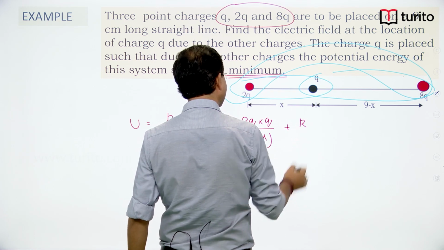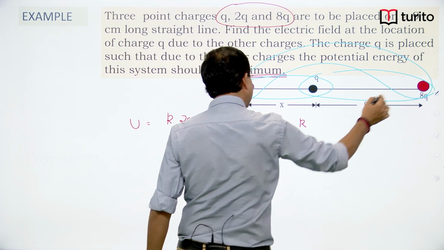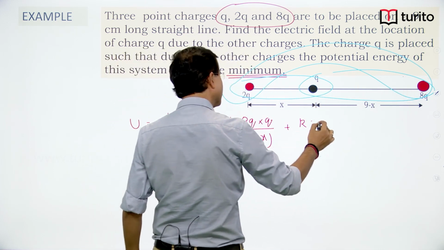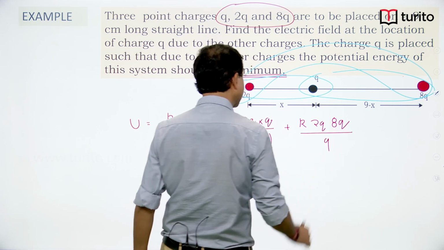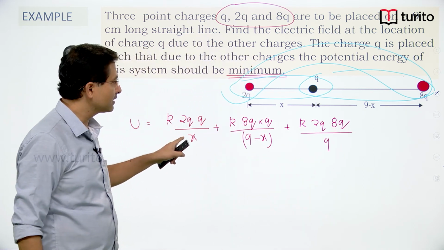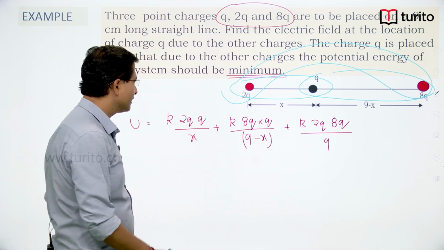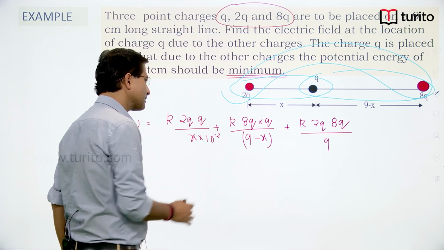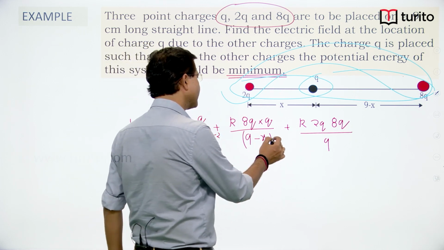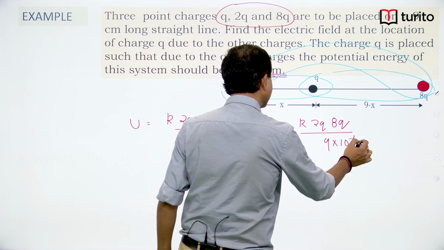Plus k 2q, 8q divided by 9. If I am considering x in centimeter, then everywhere it will be into 10 to the power minus 2, converting into meter, the SI unit, into 10 to the power minus 2.